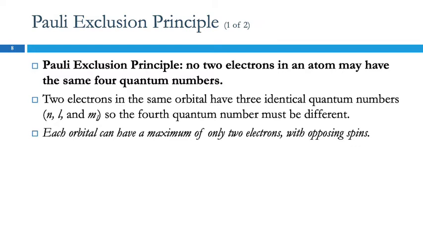So if we have electrons in the same orbital, like in that 1s orbital, the first 3 quantum numbers are the same. And so it's the last quantum number that makes that set of numbers individual. One will be plus 1/2 and one will be minus 1/2. So in an orbital, we can have a maximum of 2 electrons, and they're going to have opposite spins.